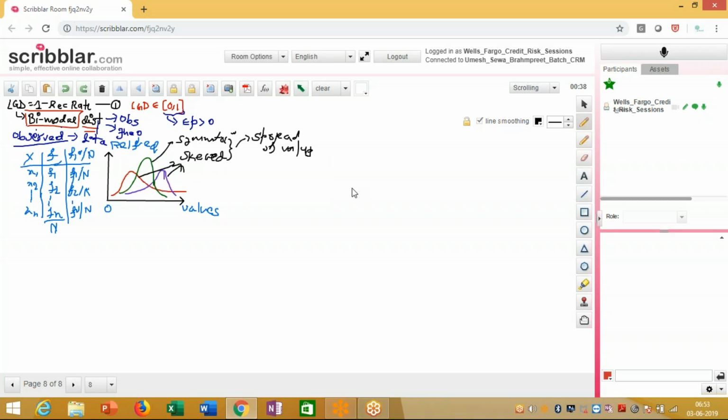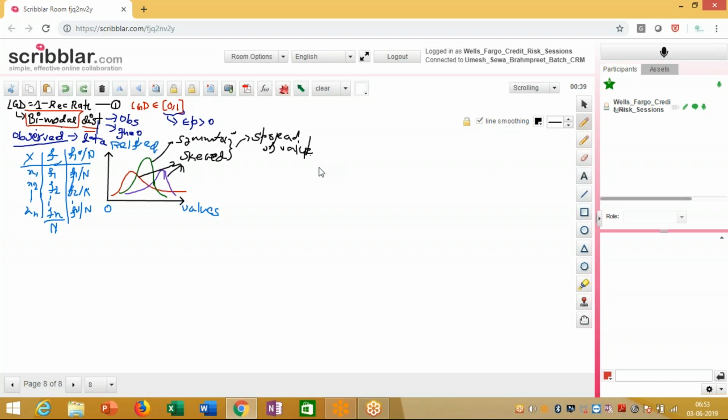So over here, what we are looking into is the spread of the values. How is it that the values of this variable are spread across?